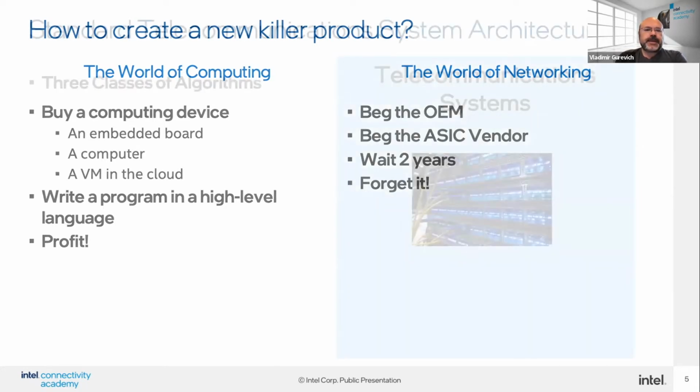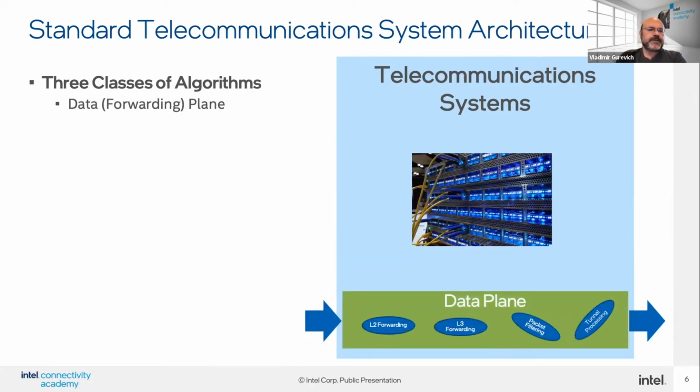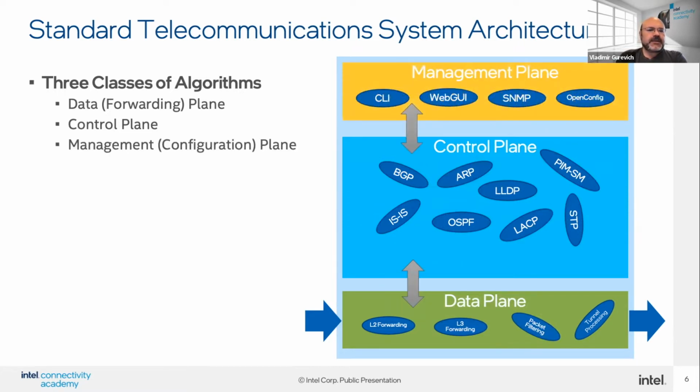Why is this happening? Well, if we look at the architecture of a standard networking device, they typically contain three classes of algorithms. The data plane at the bottom, these are the fastest algorithms, which really determine the feature set and the performance of the device. Then on top sit the control plane algorithms, which populate the tables and basically give directions to these data plane algorithms. And at the very top sits the management plane.